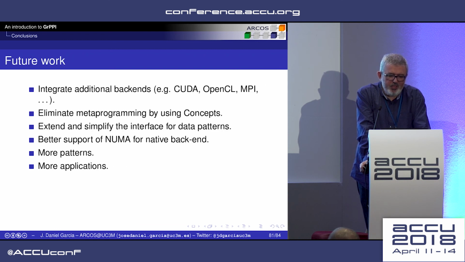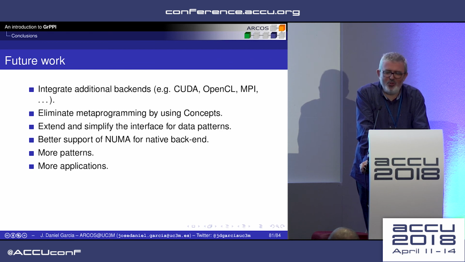A number of things that we plan to do in the upcoming months is integrate additional backends, CUDA, OpenCL, and MPI among them. At some point, we should eliminate all the awful metaprogramming. But if we do that at this point, which I would love to, and use concepts, then we would restrict you to use only GCC.